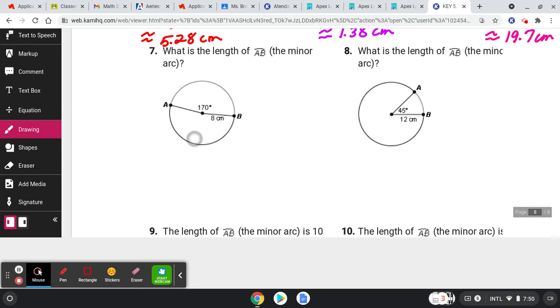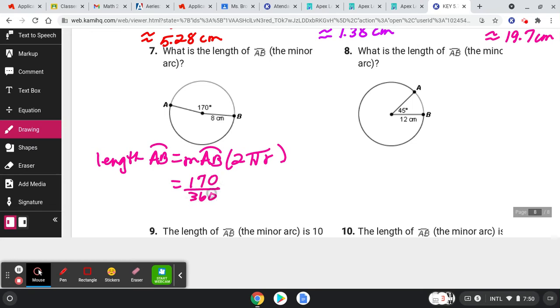All right, now we're going full minor arc formula. Length of AB is equal to the measure of AB over 360 times 2 pi r. This time it's 170 out of the 360 times 2 times pi times the radius of 8.